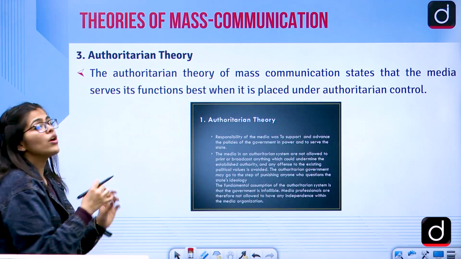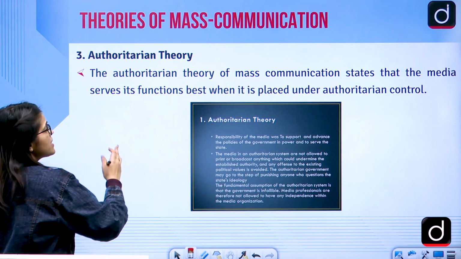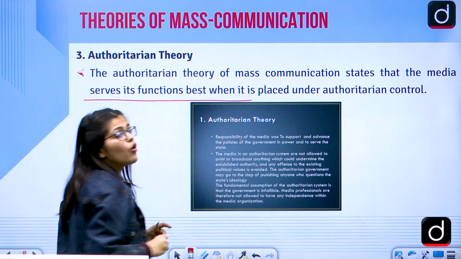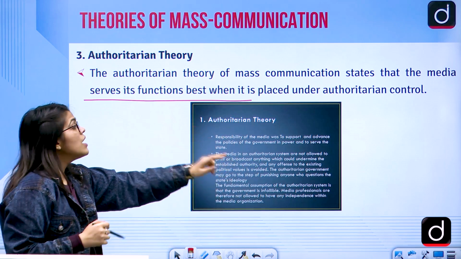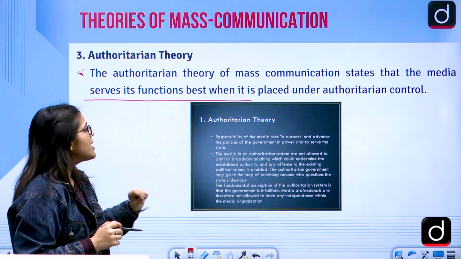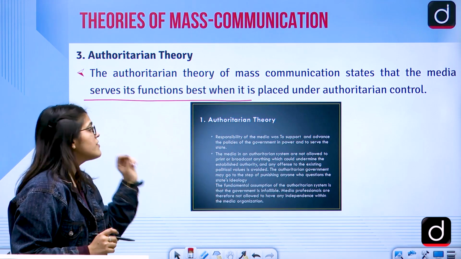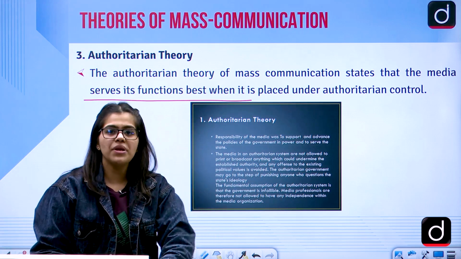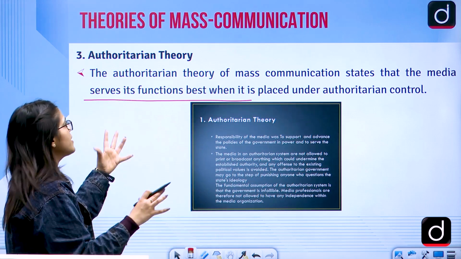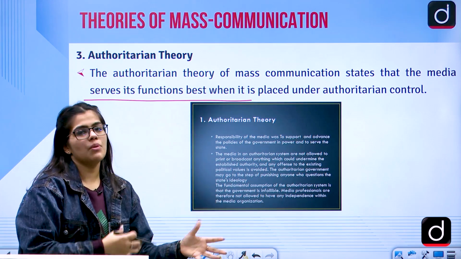Then you have the authoritarian theory. This theory says that the media basically serves its function according to the authority and control. The responsibility of the media is to support and advance the policies of the government in power and to serve the state. So basically, what is the role of the media? According to the authoritarian theory, whoever is in authority, the media has to support it.